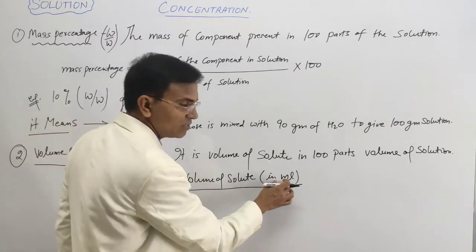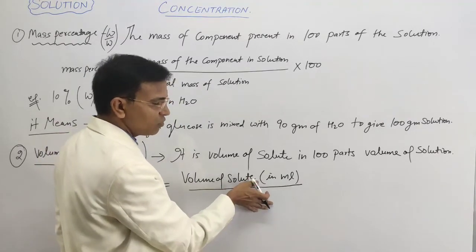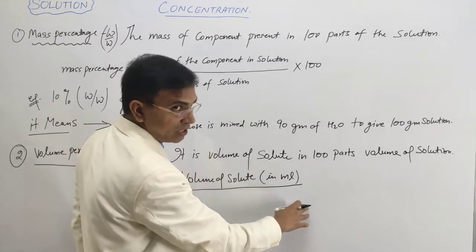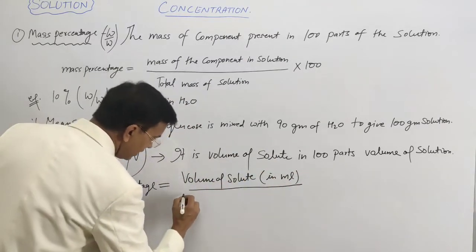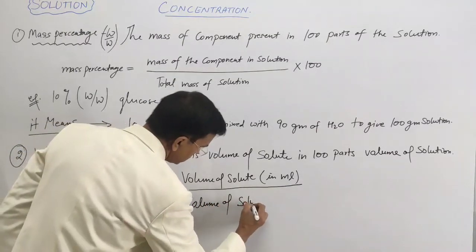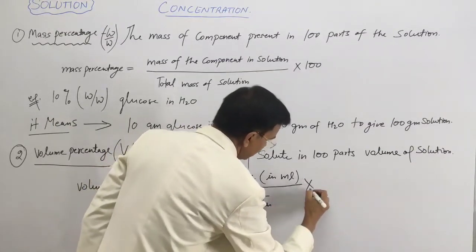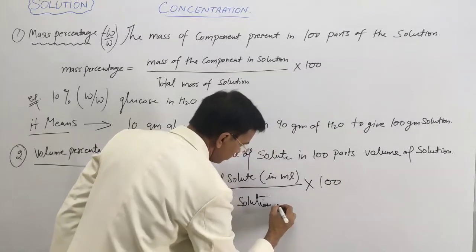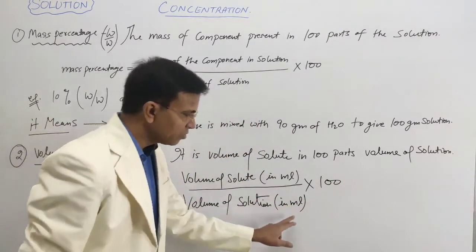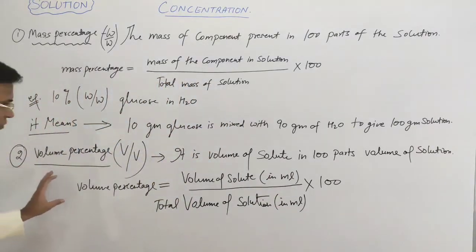It doesn't matter whether it is in ml or in liter, but both solute and solution you have to take in the same units. So the volume of solution multiplied by 100, also in ml, or in liter if it is in liter.